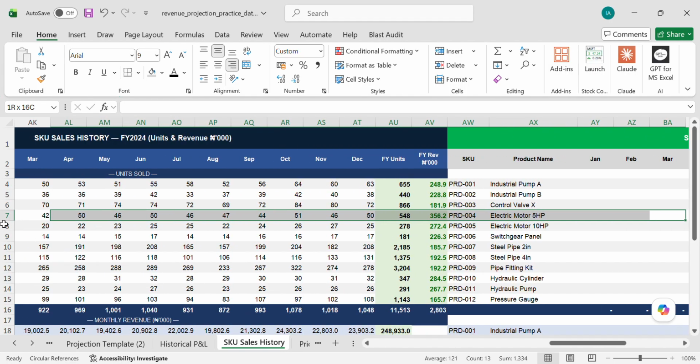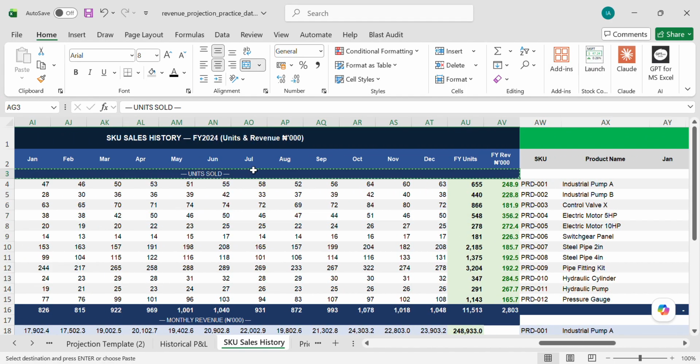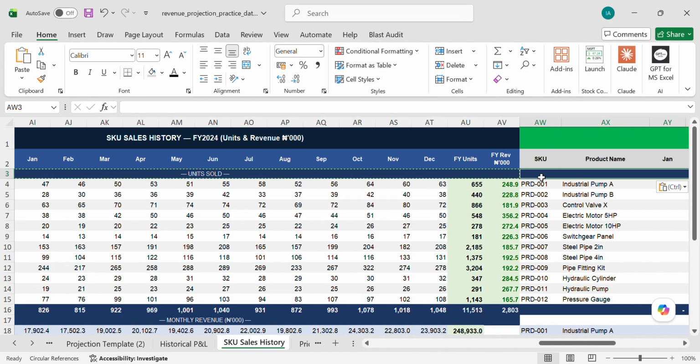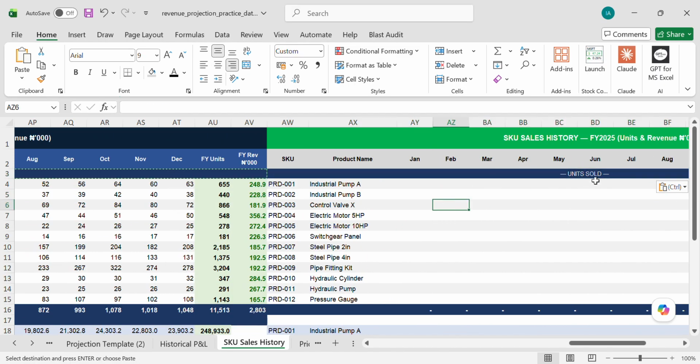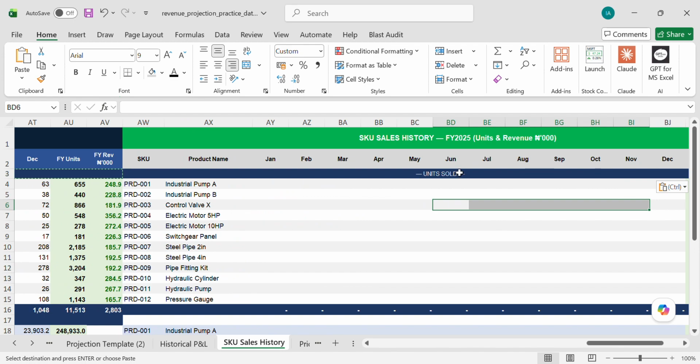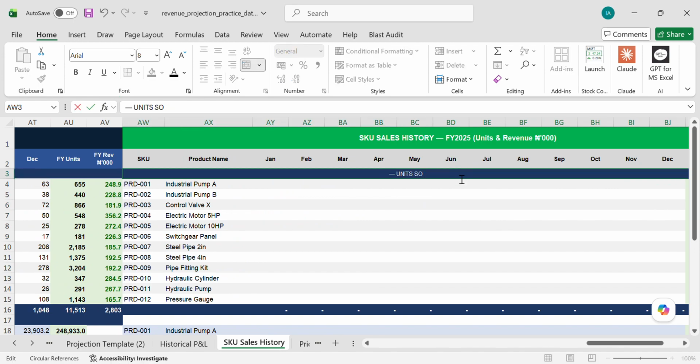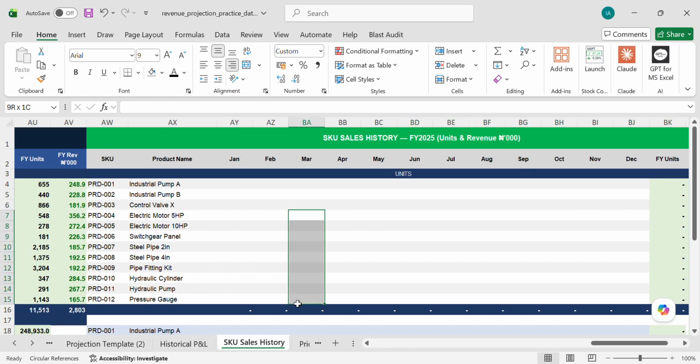This is the unit. Let's put this one here so that everything will work out fine for us. This is the unit sold. So unit projection. Let's put unit. I want to do everything here, so it will be easier for us.